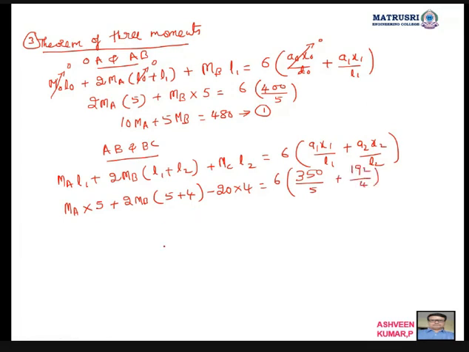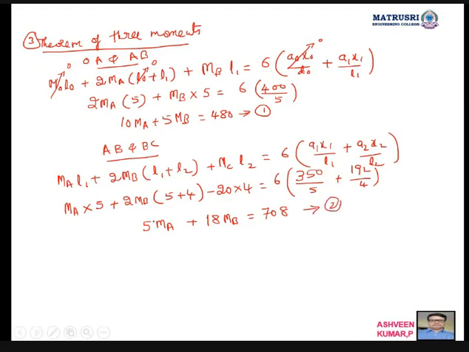If you solve this one, 5MA plus 18MB is equal to this 80 minus 80. This, if you take to this side, it will become plus. So if you do that one, we got 708.